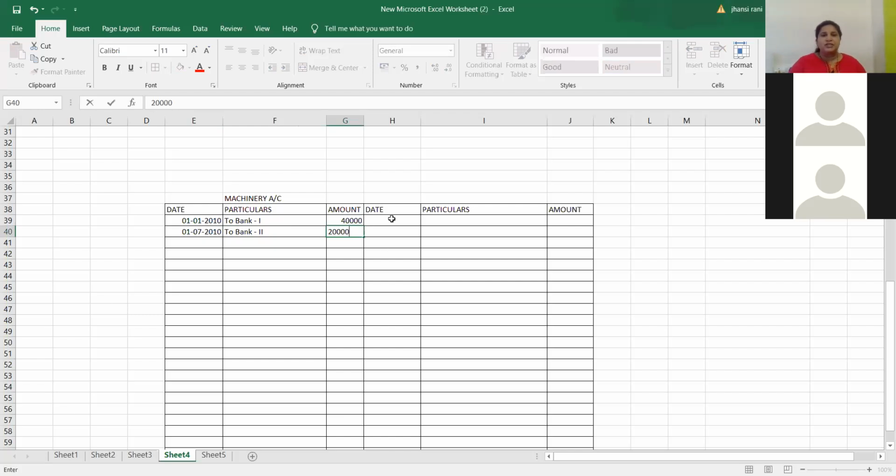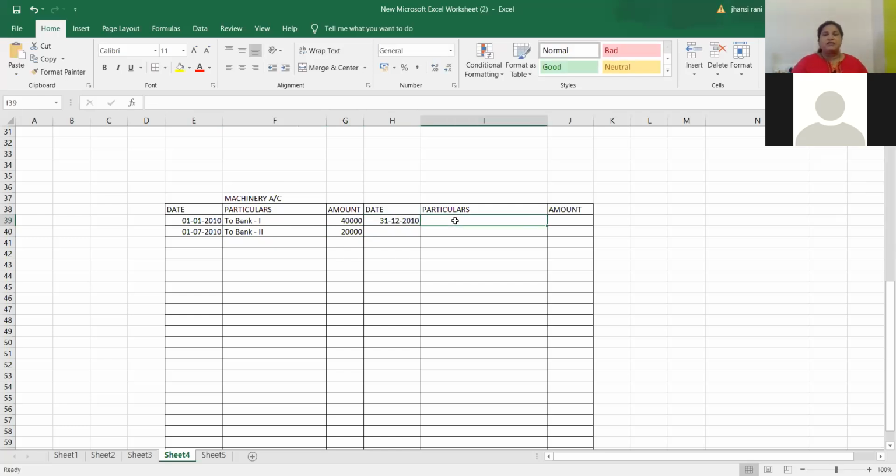Now we have two machines, and in this year we have to find out depreciation. As the year is ending on 31st December, it will be 31st December 2010. By depreciation. Whenever we record depreciation, our entry will be depreciation account debit to machinery account. So on the credit side, I will write by depreciation, and below that I'll write clearly for my understanding.